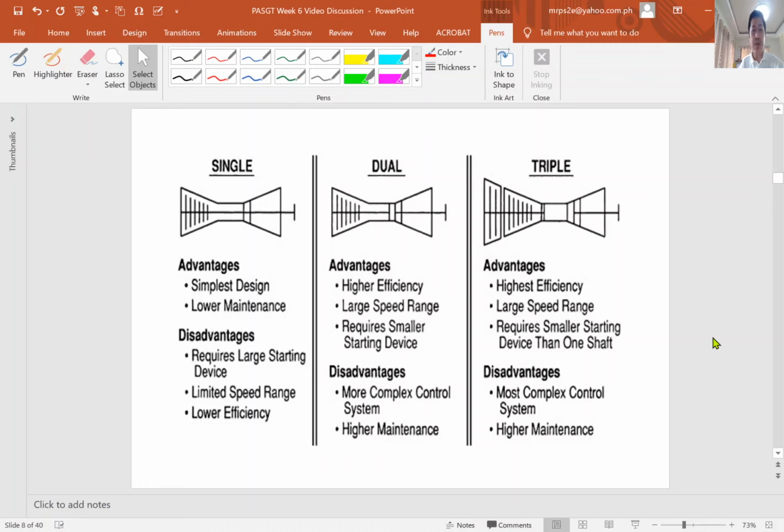So here is the single shaft gas turbine, the double shaft or dual shaft gas turbine, and the triple shaft gas turbine.